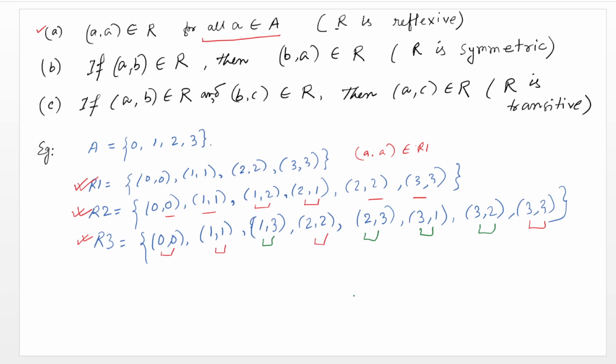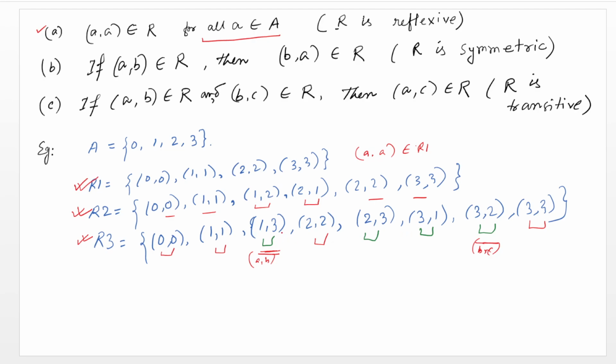Now the point is (1,3) and (3,2). These are basically (A, B), and (3,2) is (B, C), where the other member is C. So (A, C) should be in the relation.